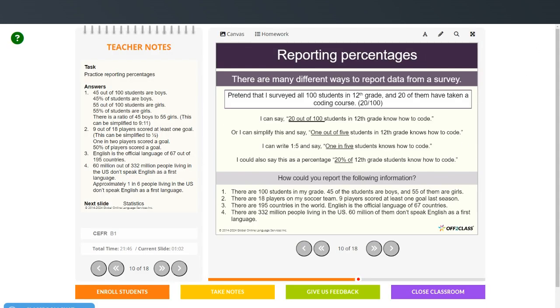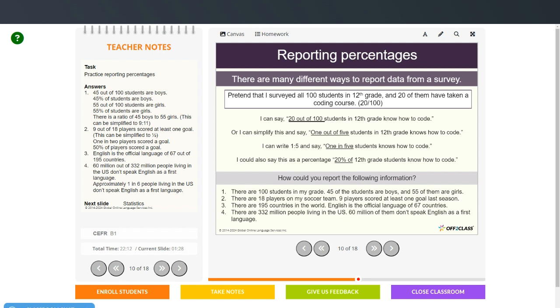All right, so here we could say 45 out of 100 students are boys, 45% of the students are boys, 55 out of 100 students are girls, or 55% of students are girls. There's also a ratio of 45 boys to 50 girls, which can be simplified to 9 out of 11, or 9 in 11.